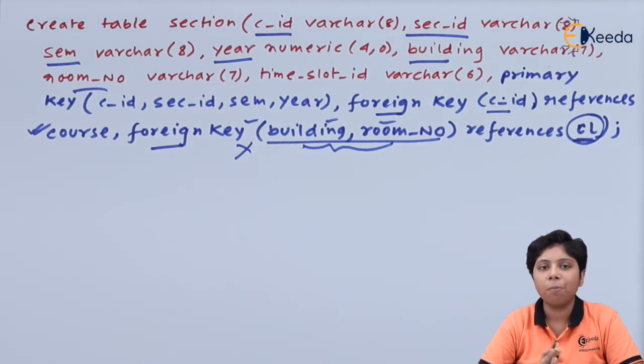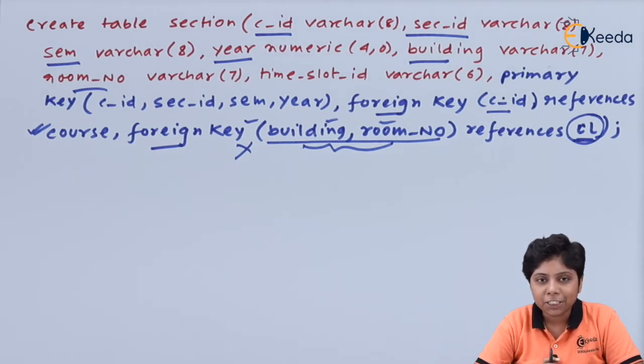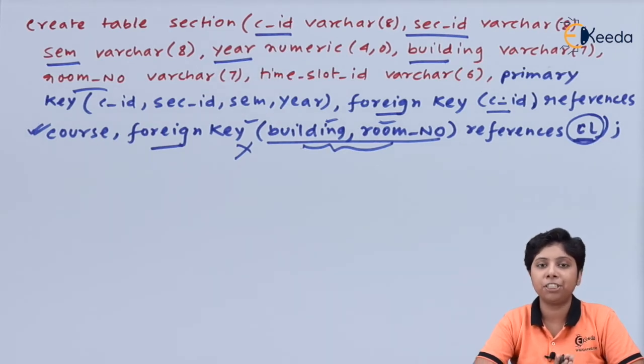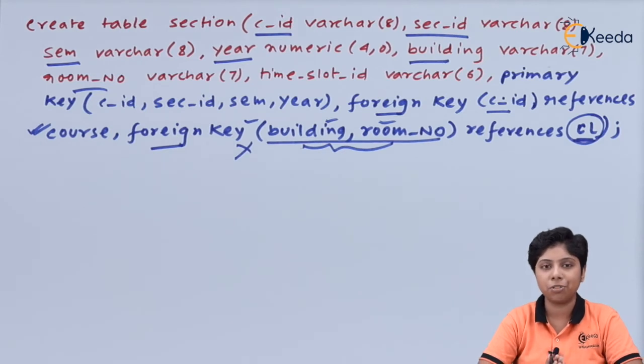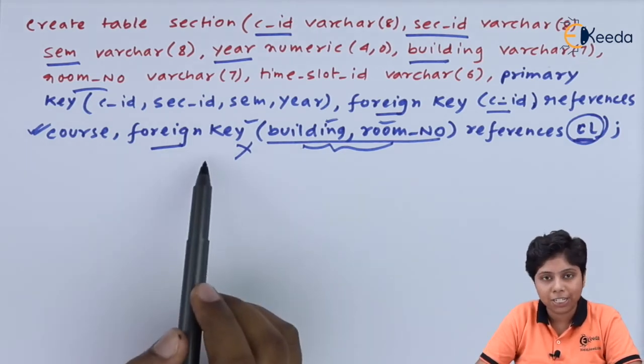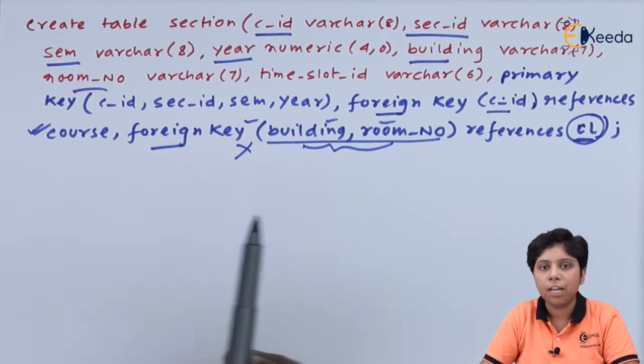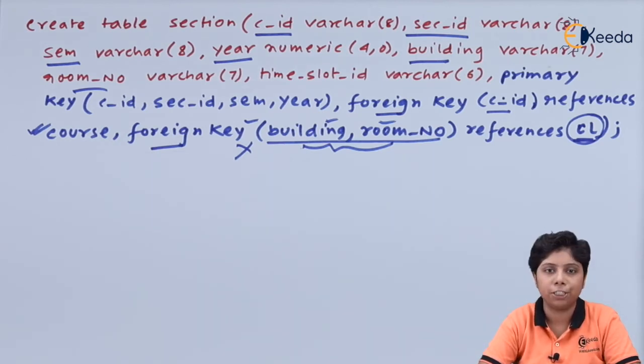So we can perform delete cascade and update cascade. The delete cascade and update cascade mean that the deletion and update will not be rejected if the referenced relation is deleted first before the referring relation. So what will be done here?